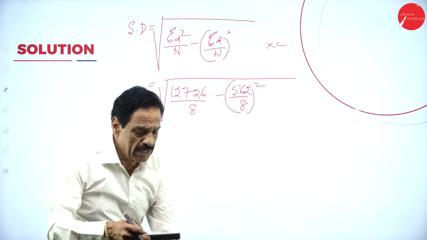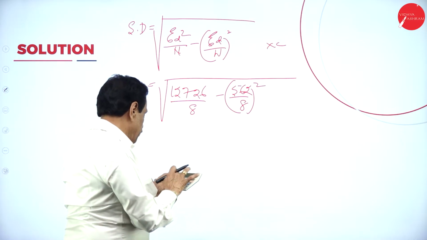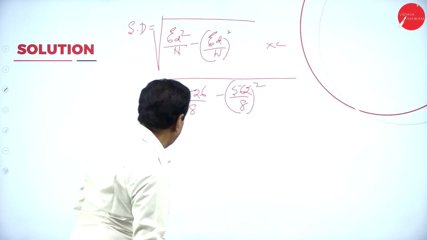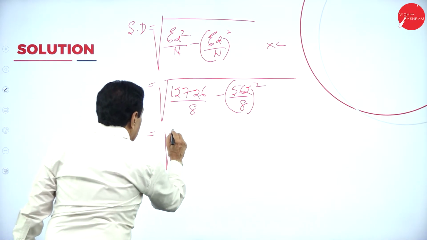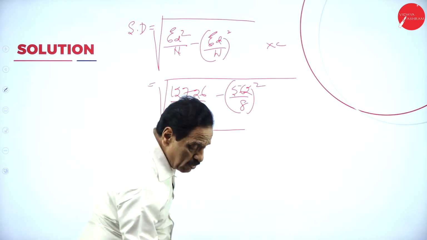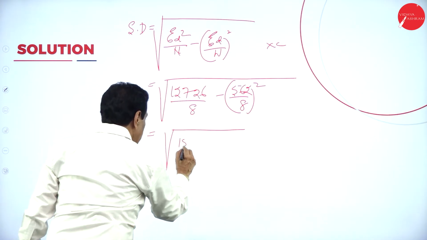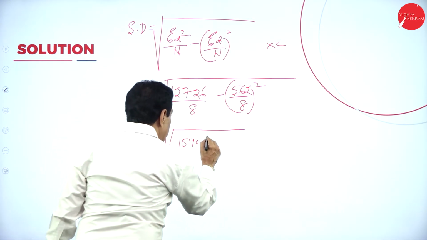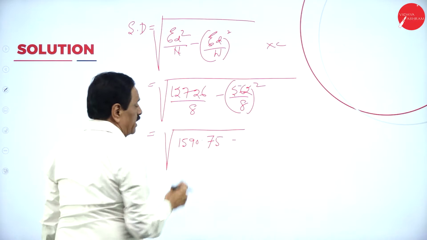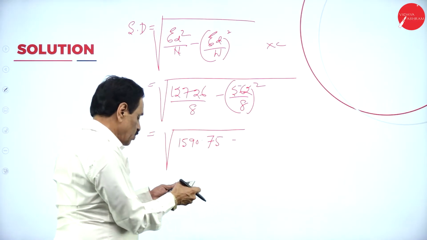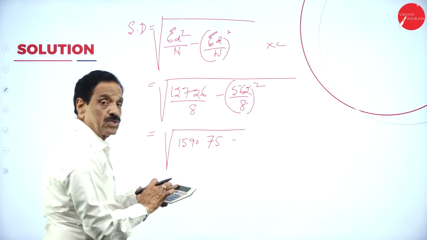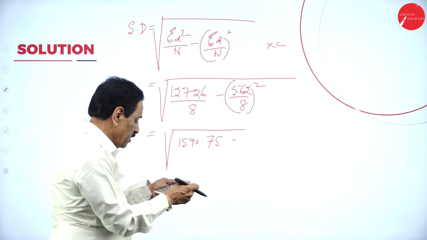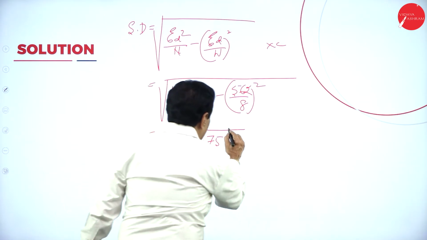12,726 divided by 8 is equal to 1,590.75, minus 562 divided by 8, 70.25 whole square.